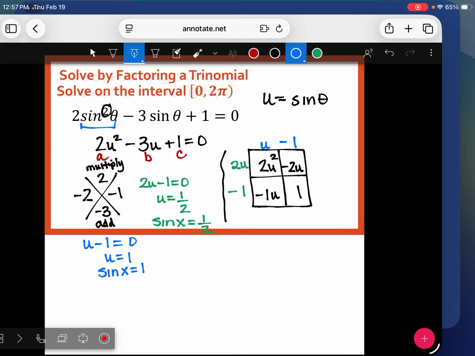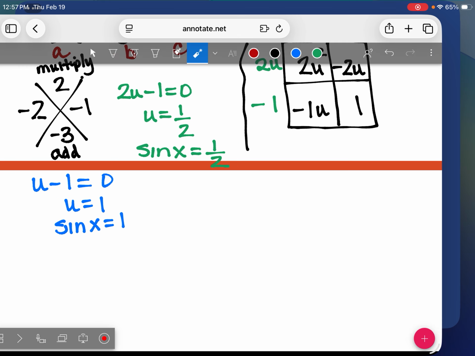Let me zoom out a little bit. And it says you're going from 0 to 2 pi. Notice that we put a bracket on the 0, but a parenthesis on 2 pi, which means that we're not going to use 2 pi. We're going to use 0. All right, so looking at your unit circle, let's start off with sine being 1/2. Where is sine equal to positive 1/2?